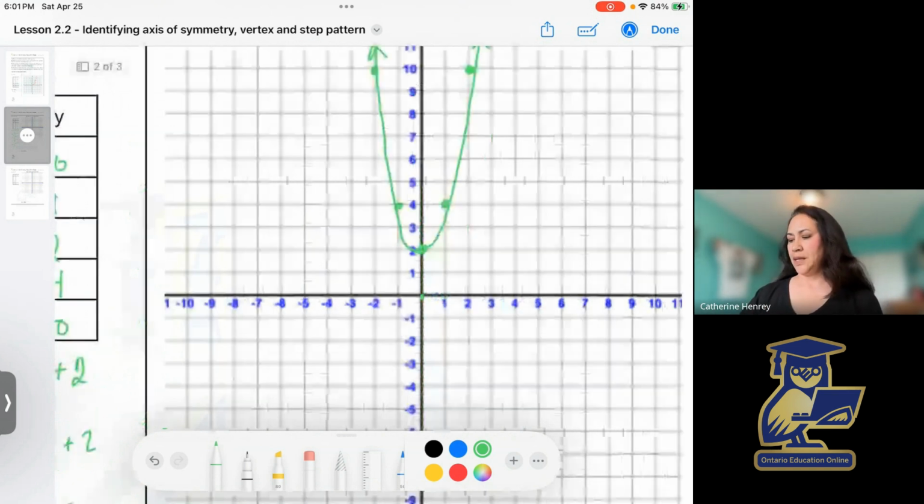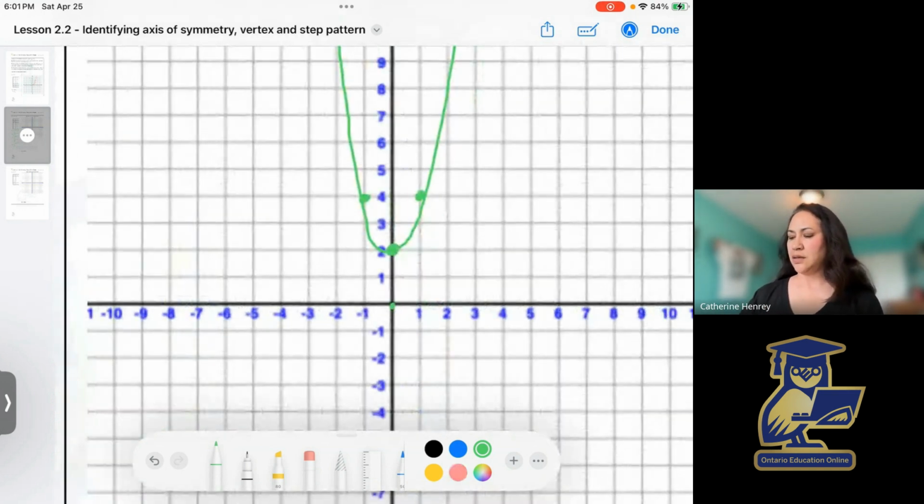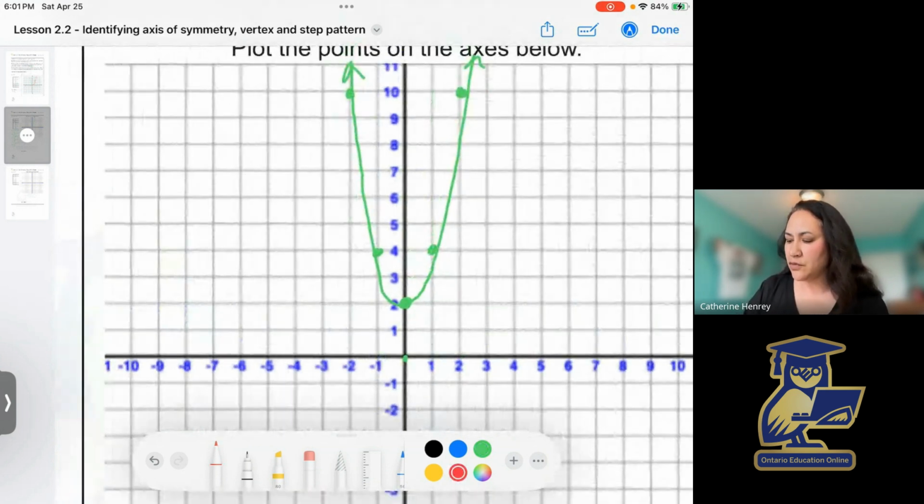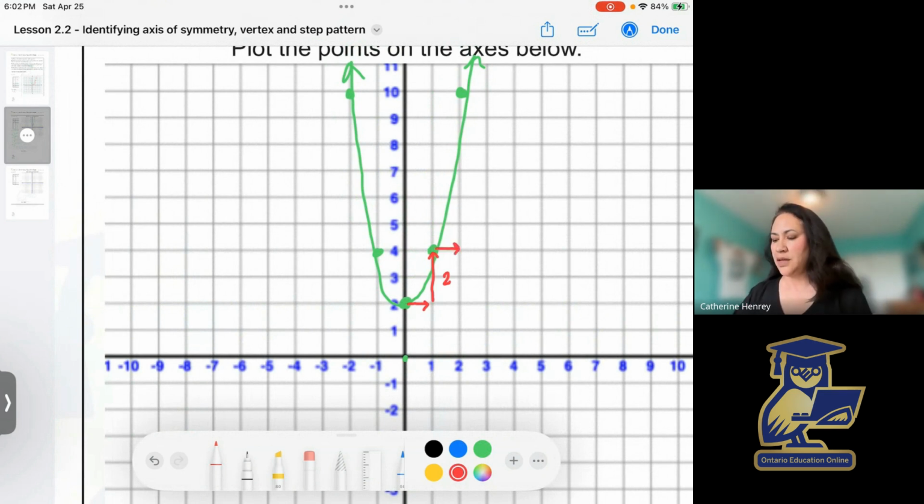Okay. Now let's zoom in and let's take a look at the step pattern here. If I start at the vertex and I move over 1, we see that my first step is actually 2 in this situation. If I move over again by 1 unit on the x-axis, if I were to count up, it looks like it's 1, 2, 3, 4, 5, and 6.